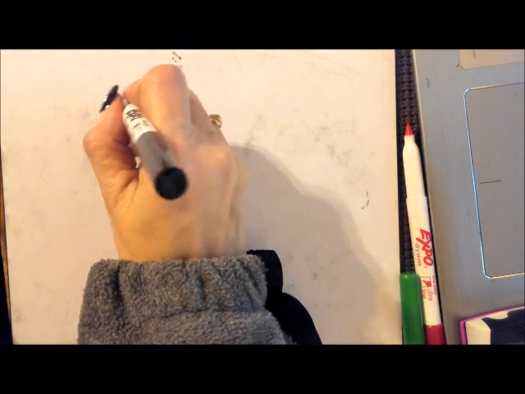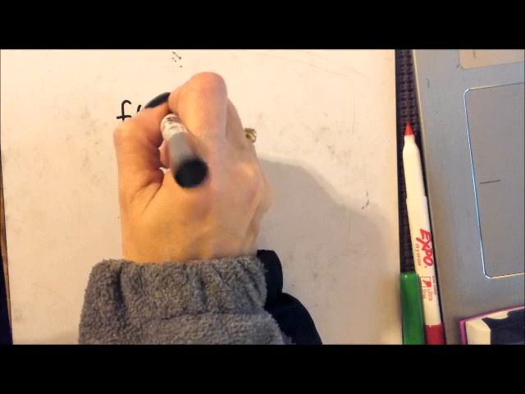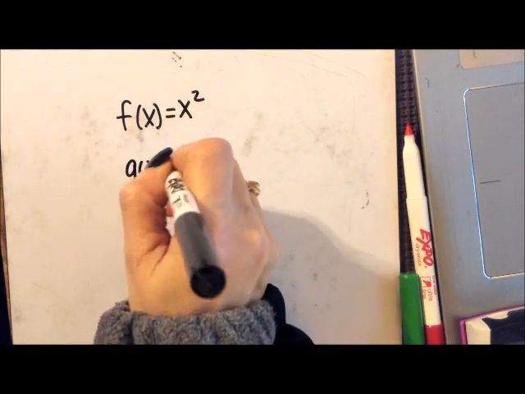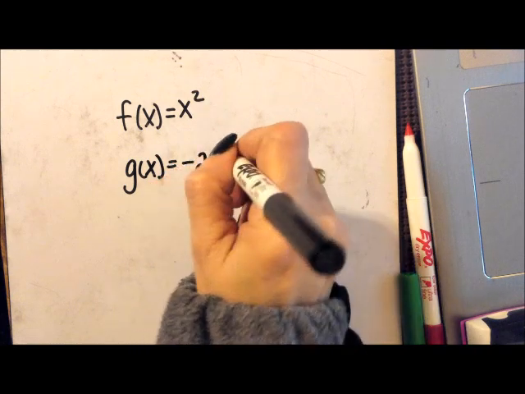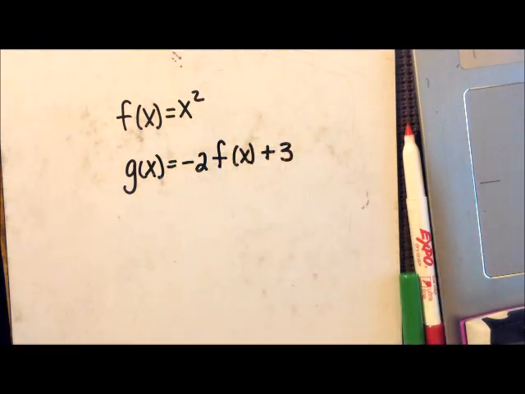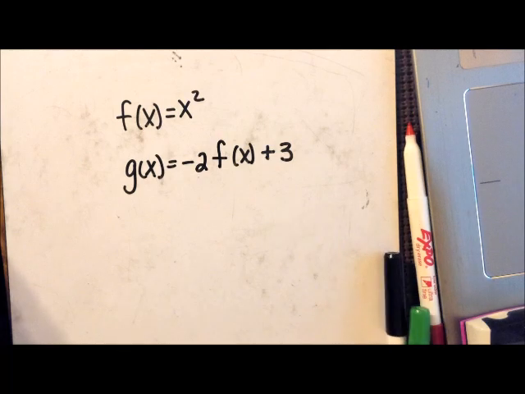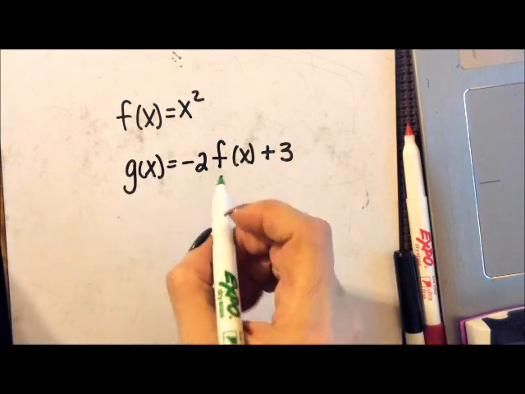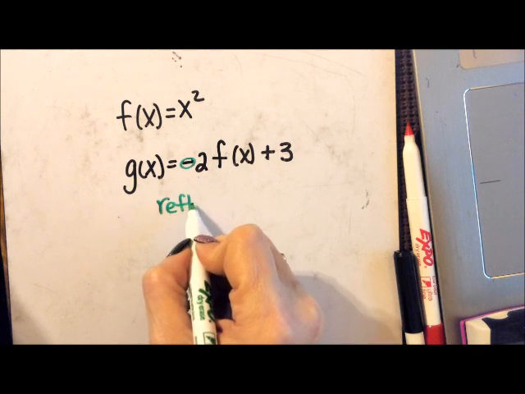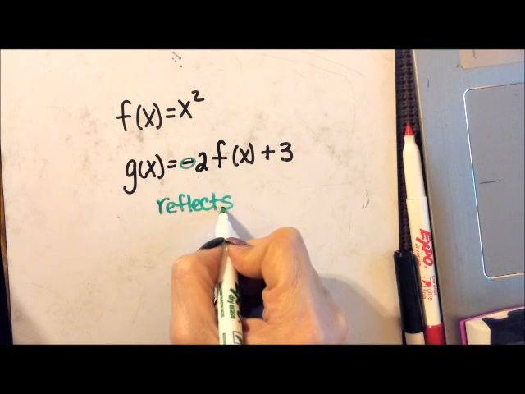So let's talk about this. If I take f of x, or we're going to say it's x squared, if I take g of x, and I say it's -2 f of x plus 3, can you tell me what transformations happened? There are 3 actually. The negative reflects it, makes it go across the x-axis.